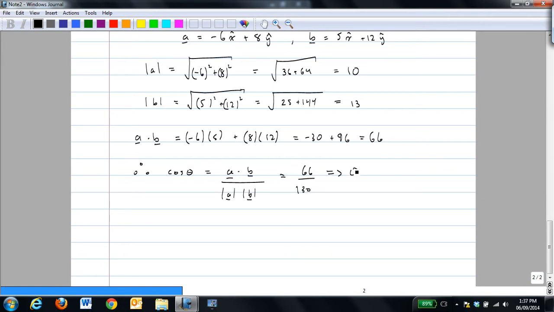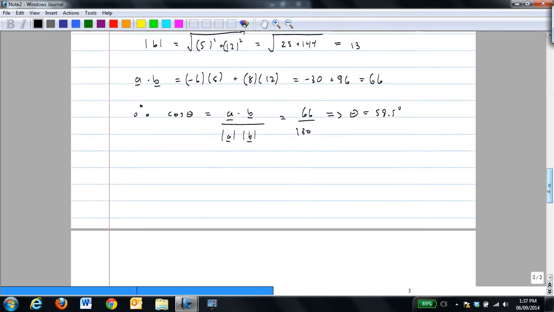And when we do the inverse cosine on our calculator, we find that theta equals 59.5 degrees. Okay, so that is how you use the dot product to find the angle between two vectors.